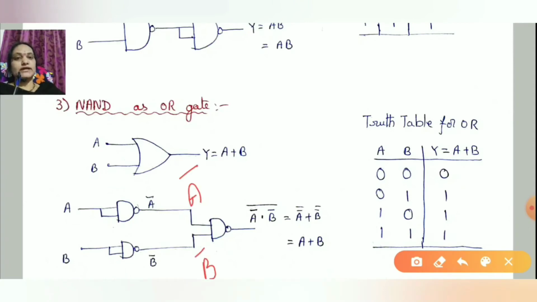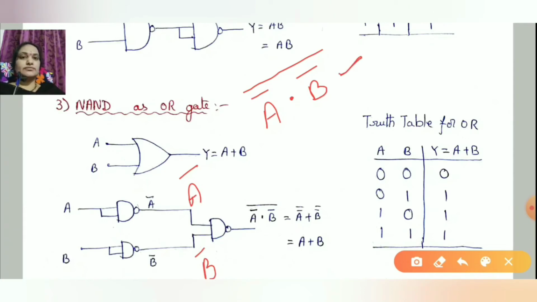According to the definition of NAND gate, the output is the whole complement of the product of two inputs. Here the inputs are A bar and B bar. This is the final output.